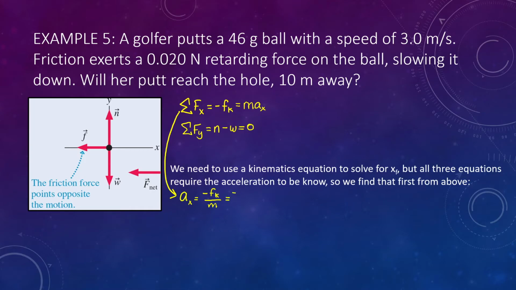So we have negative 0.020 newtons, that's the friction force that was given in the problem, divided by the mass, which is 46 grams, in other words, 0.046 kilograms. This comes out to an acceleration of negative 0.435 meters per second squared.